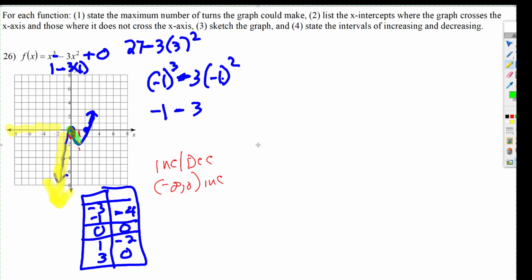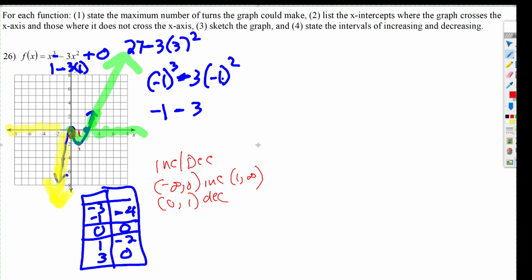We have this interval between the x's 0 and 1. It's going down, it's decreasing. And then all of these x's here, if you put in +8, you're going to get a value up there somewhere. So from the interval 1 to positive infinity, we're increasing.